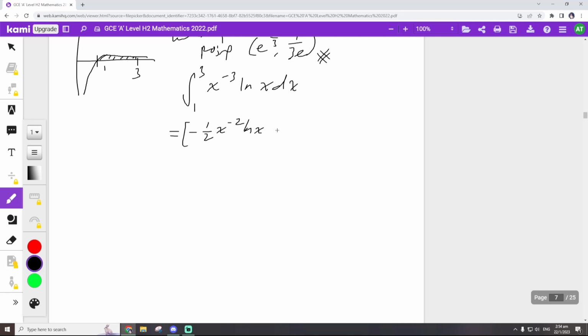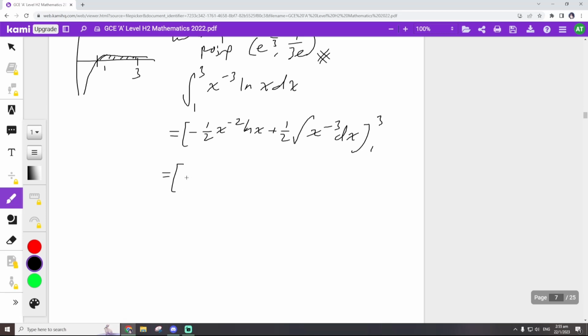Okay, and then when you integrate the next one, you keep v again, and now you take u prime. So this is now going to be plus half the integral, because when you put the minus and you put the negative here, it's a double negative. So x^-2, and now there's a 1 over x, so it's x^-3 dx. And this goes from 1 to 3.